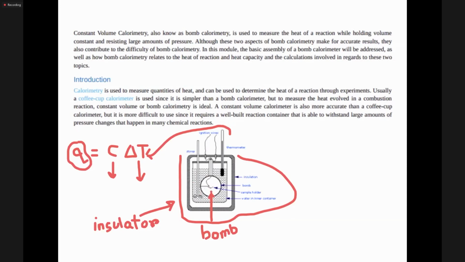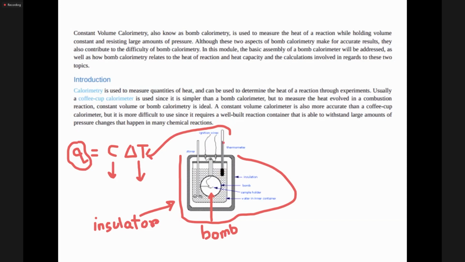And now, when in pure dioxygen the sample is completely burnt off, the heat generated from the reaction will be transferred to this water that is surrounding the bomb. And when the water has completely taken up the heat lost from the bomb, it will be calculated. The change in energy or temperature will be measured by this very thermometer.